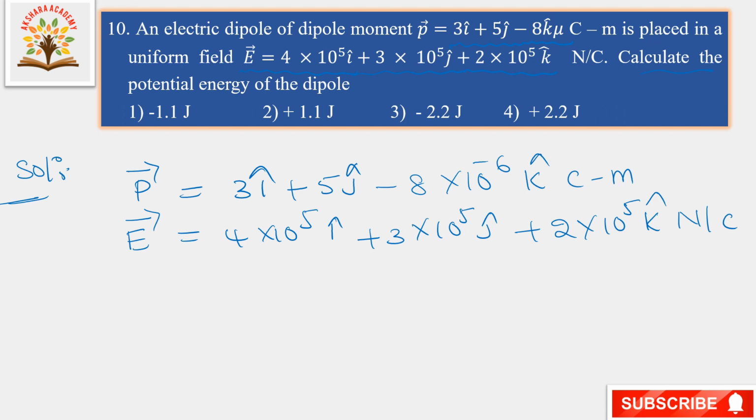Now, the potential energy of the dipole, U, is equal to minus P bar dot E bar.